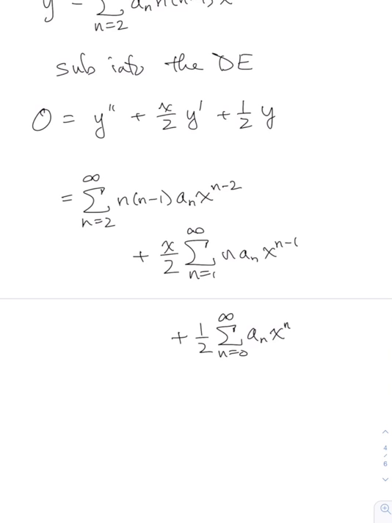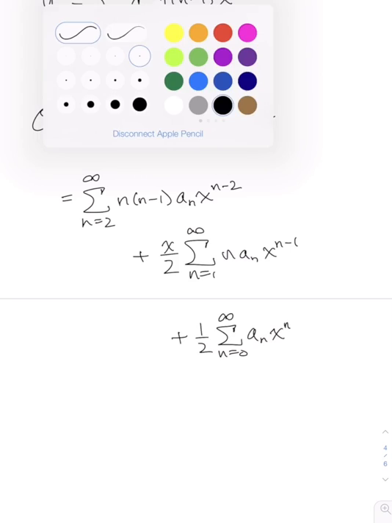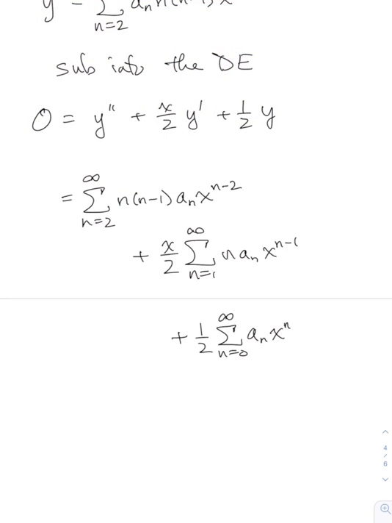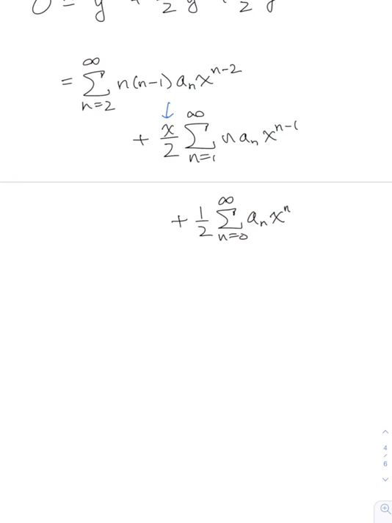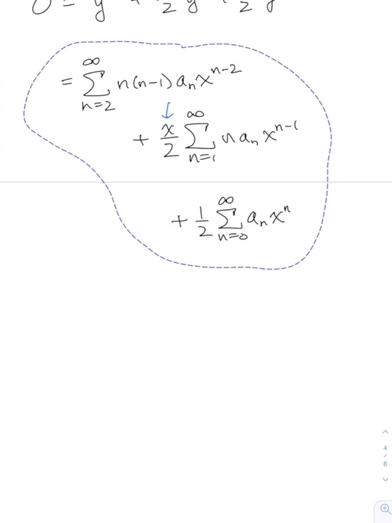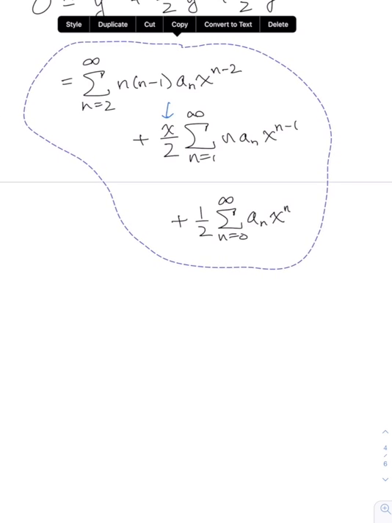But now before I can do that shift of index, there's one issue I have to deal with, and that's the fact that there's this x right here sitting outside. That's not any good. That needs to be inside and part of the series. So the first thing I want to do before I start shifting indices is to bring that x into the middle series. I know you couldn't do this if you were handwriting it, but I can do it here, so why not?